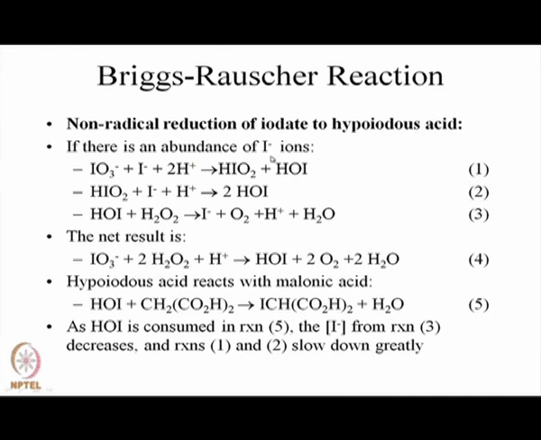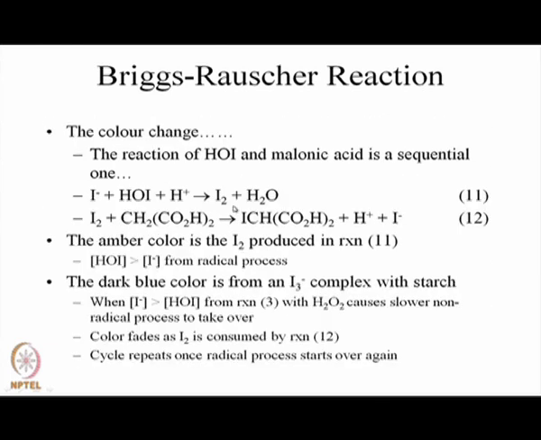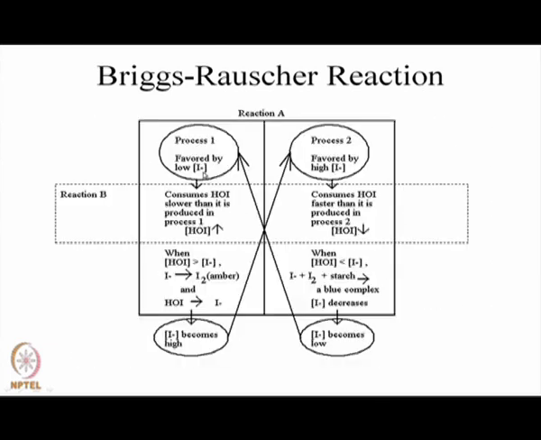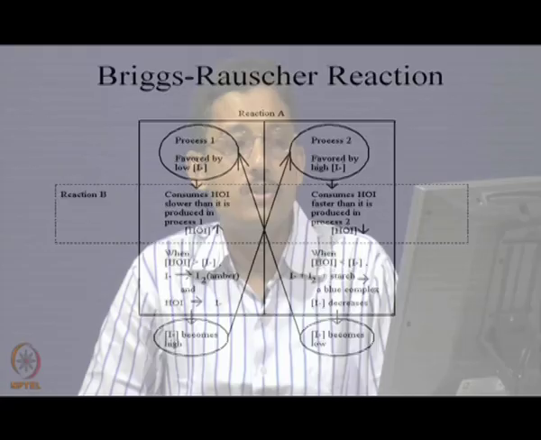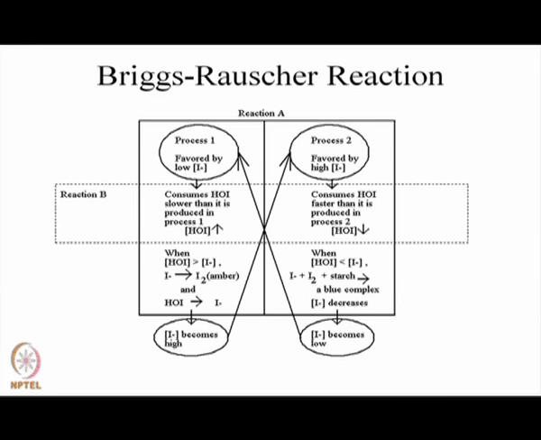And when there is an abundance of I minus, these other steps are prevalent. So, process 1 is low I minus, that means the radical one, and process 2 is favored by high I minus. So, for this BR reaction, we can classify the situation in terms of the concentration of I minus, whether it is high or low. Process 1 is prevalent when I minus is low.